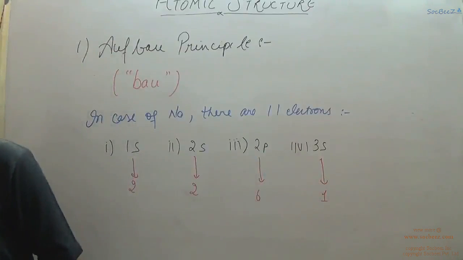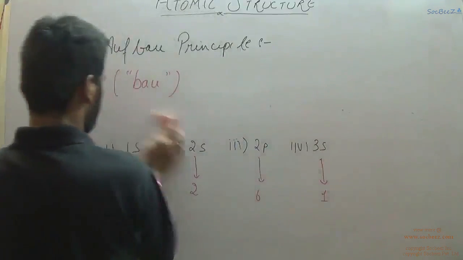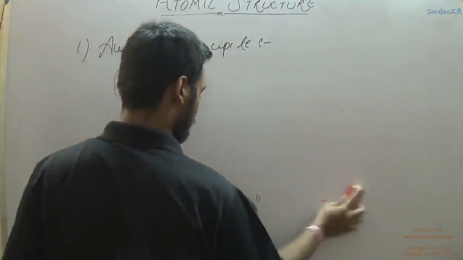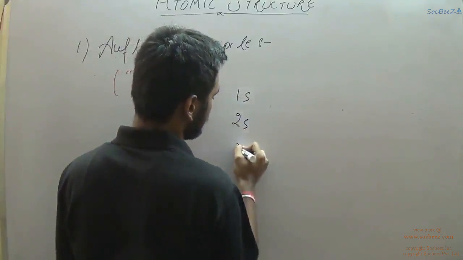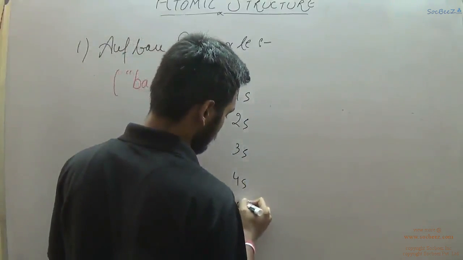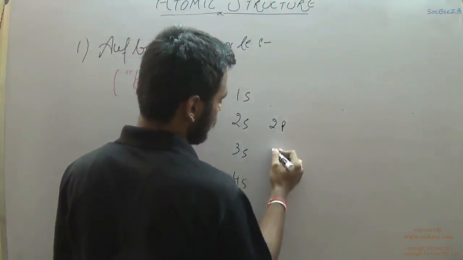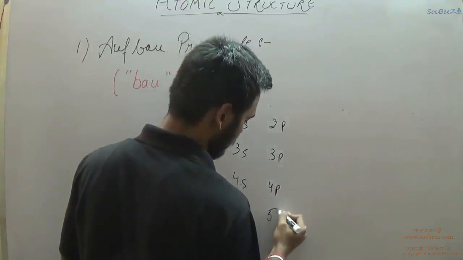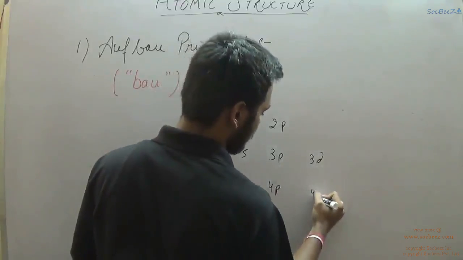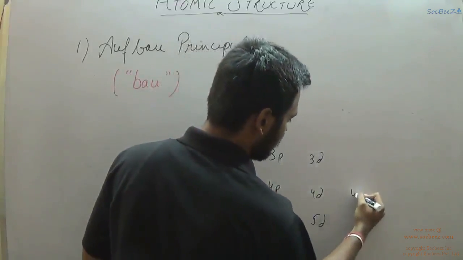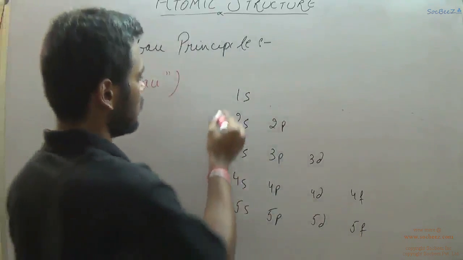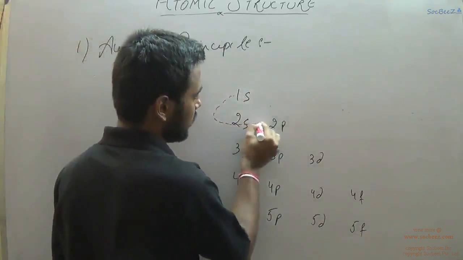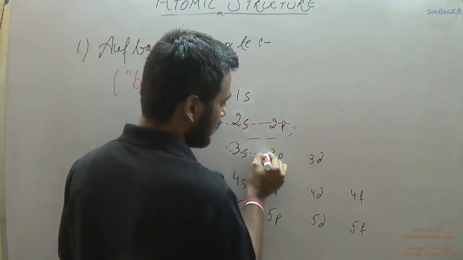In order to remember it, we can make a chart: 1s, 2s, 3s, 4s, 5s, then 2p, 3p, 4p, 5p, then 3d, 4d, 5d, then 4f, 5f. The electron is first filled in 1s, then it goes to 2s, then 2p, then 3s, then 3p.